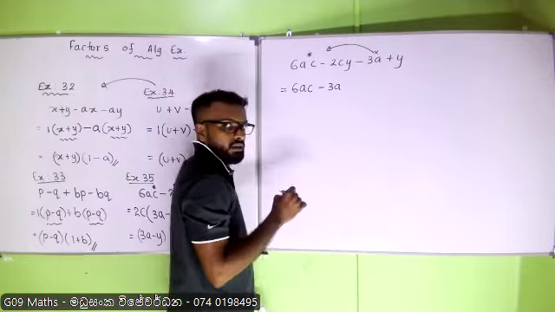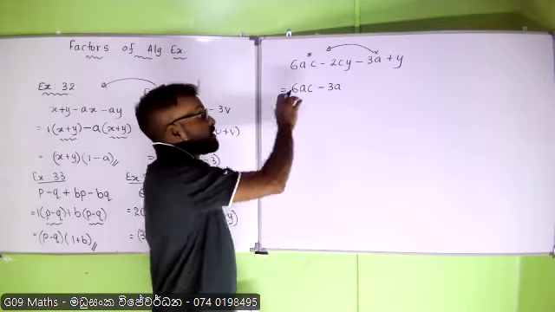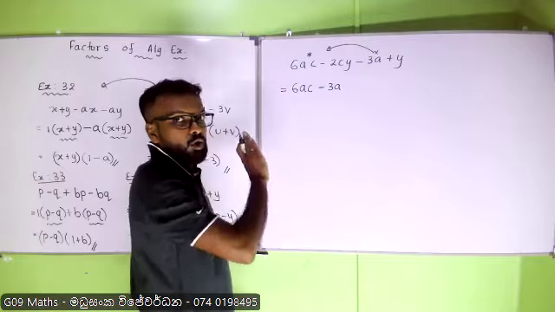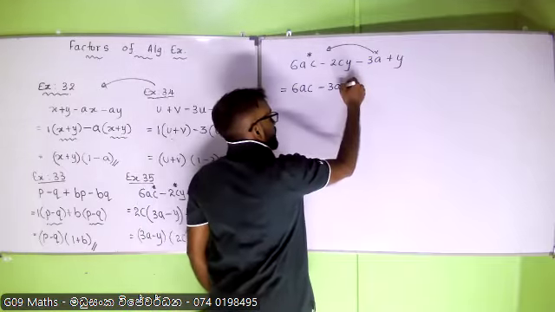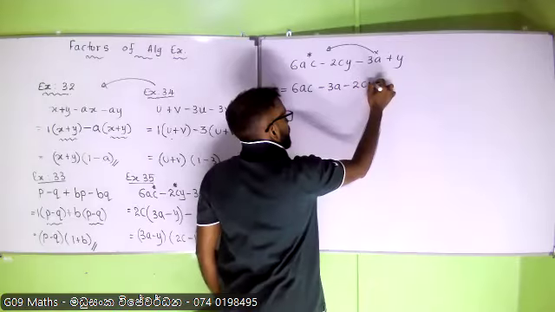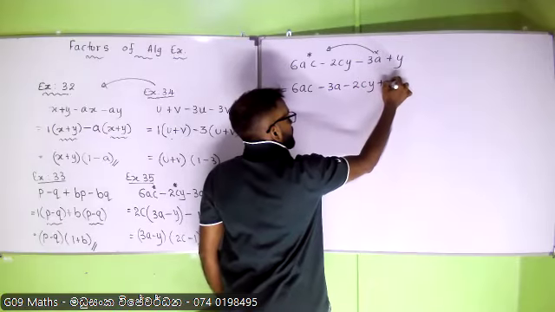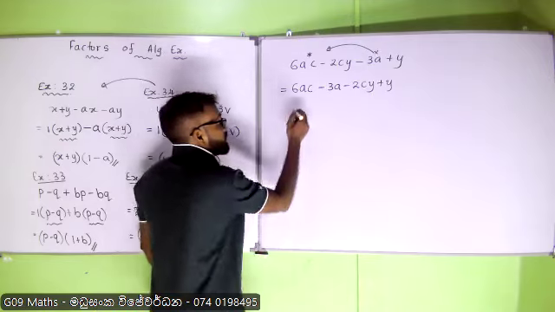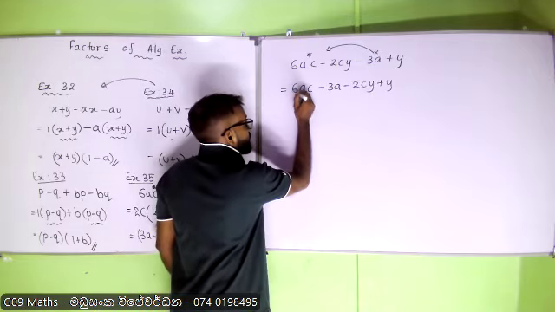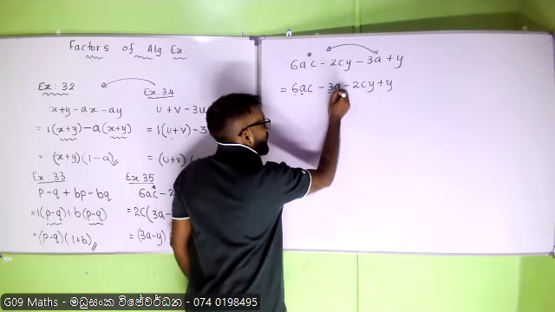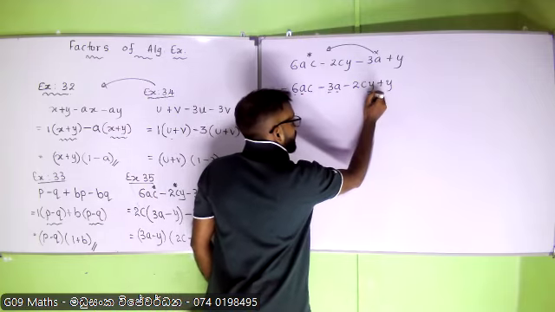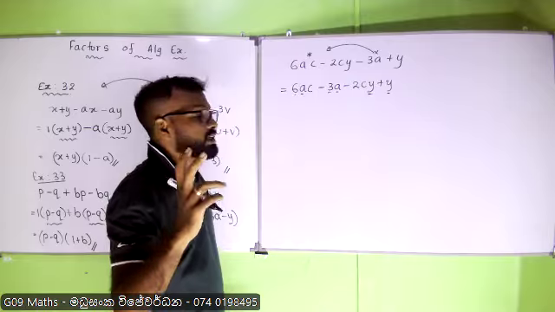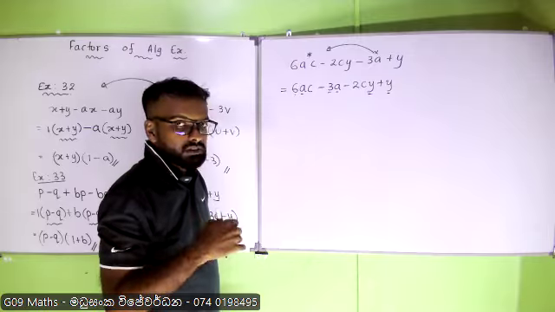Now I am going to shift this negative 2cy to my right hand side. Negative 2cy comes here, isn't it? And I will write this one here. By looking at this, here you have 6a, here you have 3a, here you have y, here you have y. Those are the common terms when you are considering two terms at once.